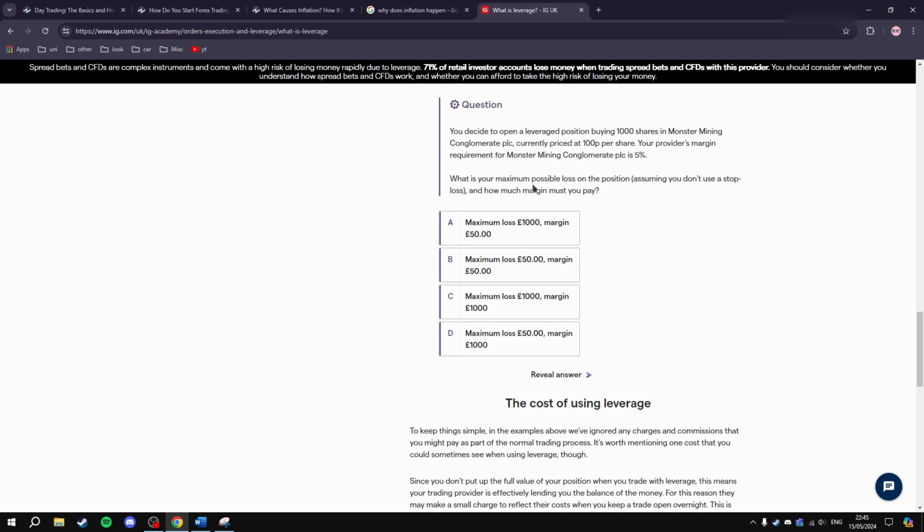What's your maximum possible loss? So maximum possible loss is if the share price dropped to 0. So if it drops to 0, then 1,000 times 100 divided by 100, £1,000 loss.